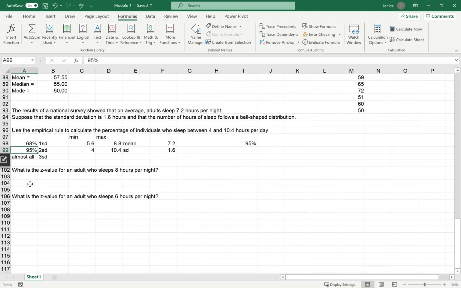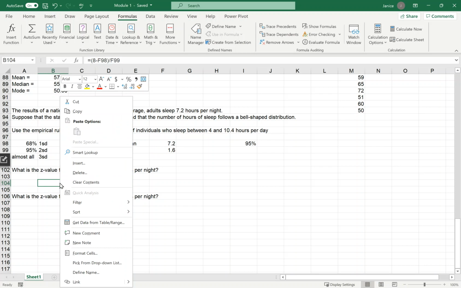Then we're asked, what is the Z value for an adult who sleeps 8 hours per night? Okay, well, let's see. The way we're going to do this is equals 8 hours per night minus the mean, all of that divided by the standard deviation, and I'm going to give that 2 digits.